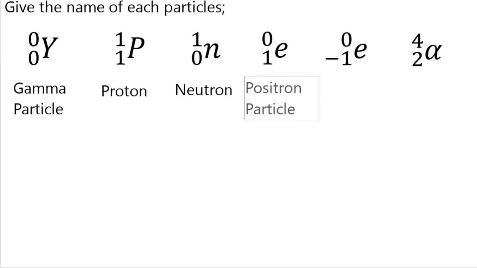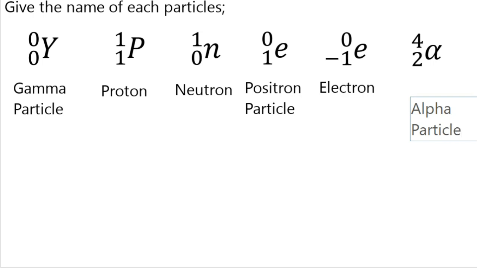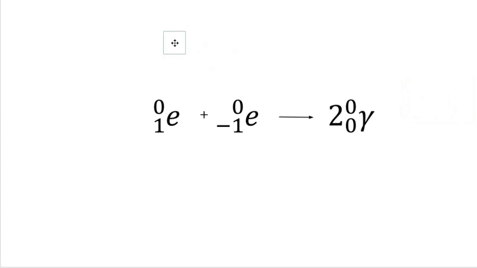So this is a positron particle, this is an electron, and the last is the alpha particle, or you can just refer to this as helium because they are almost the same. It contains 4 mass, and we have 2 protons and 2 neutrons.